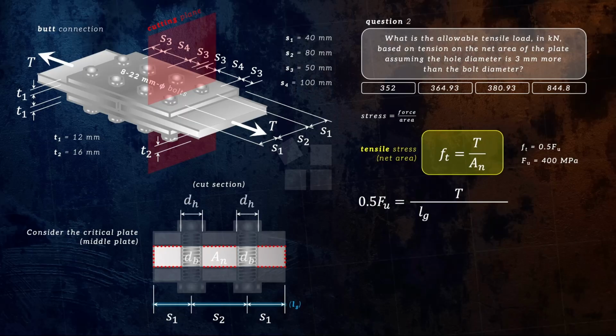Then subtract two hole diameters, which can be determined by using the bolt diameter given and also the following assumption stated in the question. So we have minus 2dH. Then multiply the difference by the thickness of the middle plate, which is simply T2. Since Fu is given, we now have 0.5 of 400 equals T over.